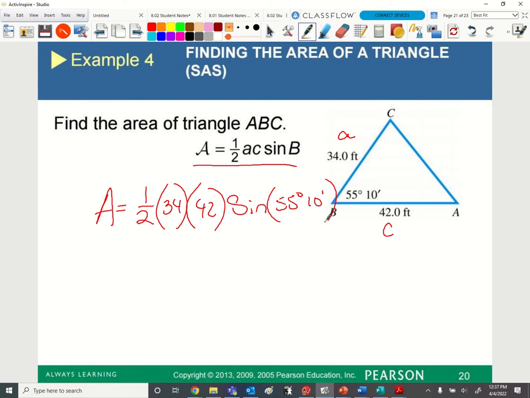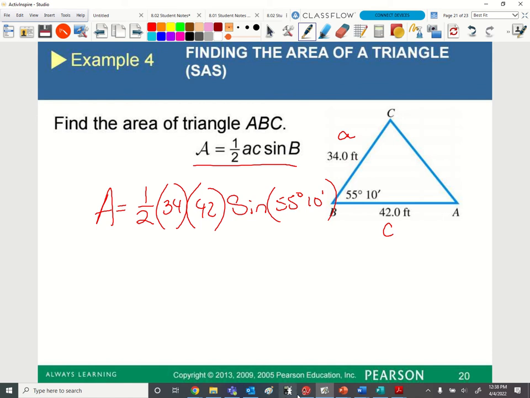No. You're not going to put DMS. When you do DMS, that's a good question. That means at the end, your answer is going to be in degrees, minutes, seconds. But the problem is, we're looking for an area, aren't we? Area is always square. It's a square unit. And what units are we talking about in this case? Feet. And so it's going to be square feet. The degrees is just the mode that we're going to have that in, okay?